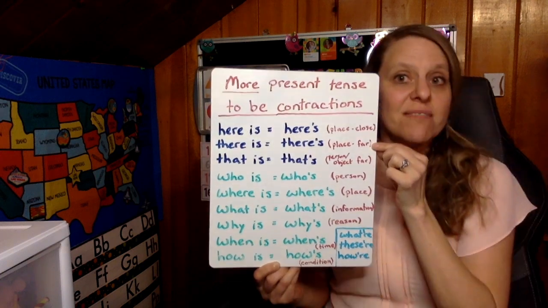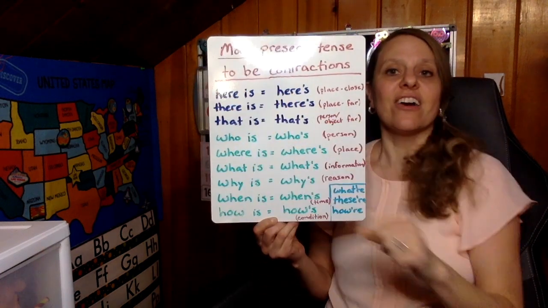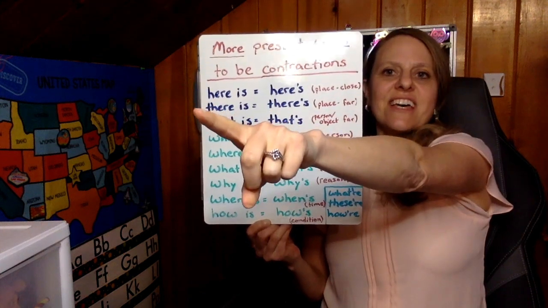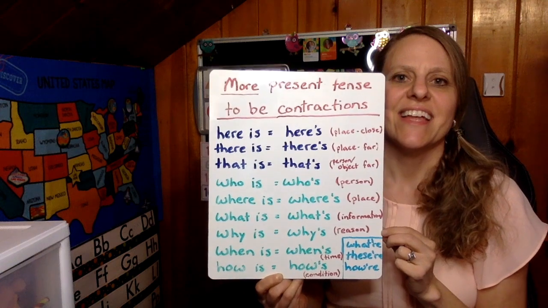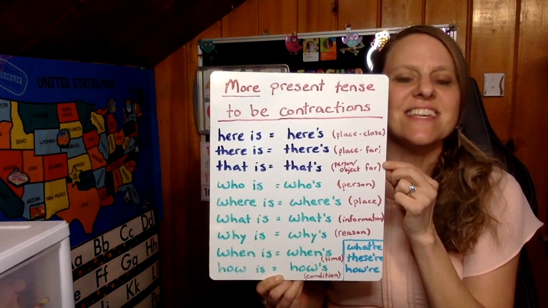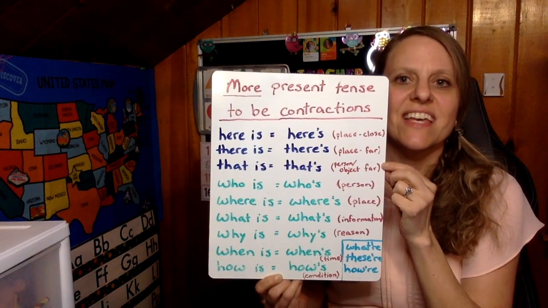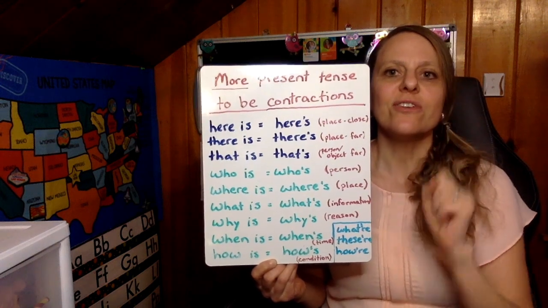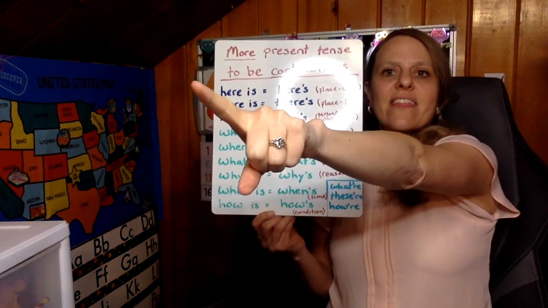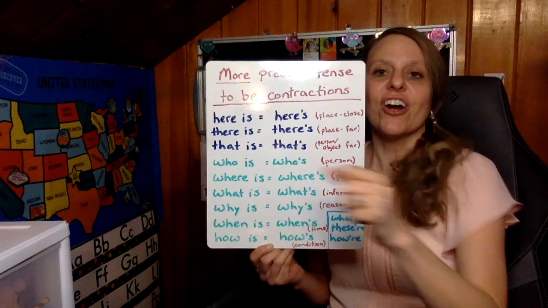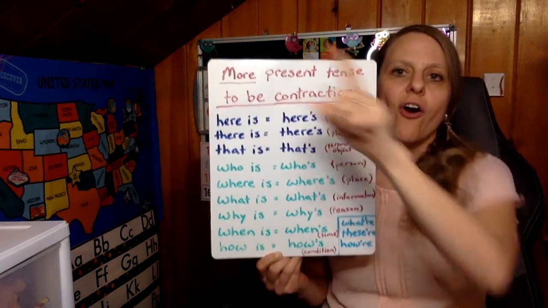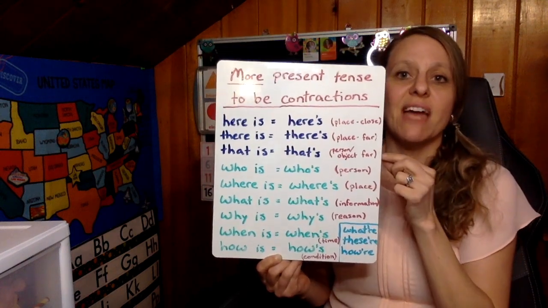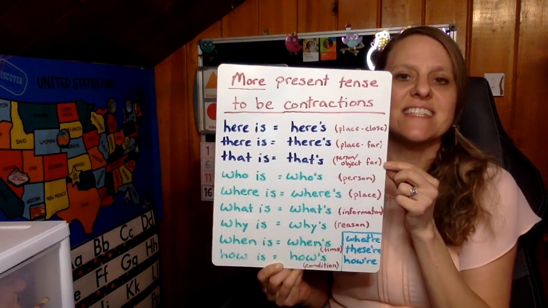There's. It talks about a place that is far. There's a window. That is. That's. It is more for a single person or object. That is a bar, that boy, that dog, over there. And we can use that's.